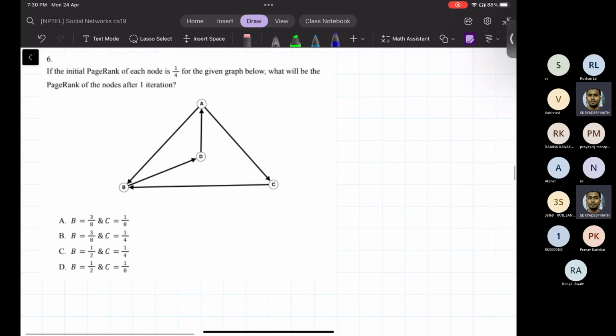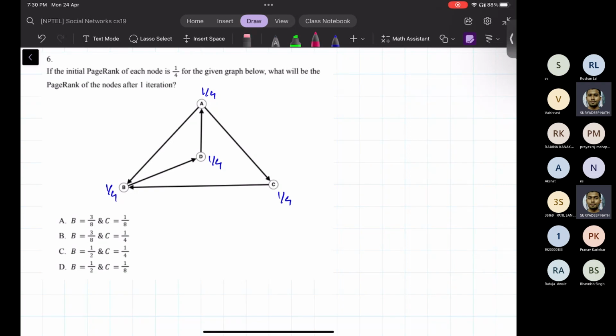Coming to the interesting question. You have the initial page rank of each node as 1 by 4 in the given graph. What would be the page rank after one iteration? Initially it is 1 by 4, 1 by 4, 1 by 4, 1 by 4. Let us take A first. A distributes its page rank of 1 by 4 to its neighbors.